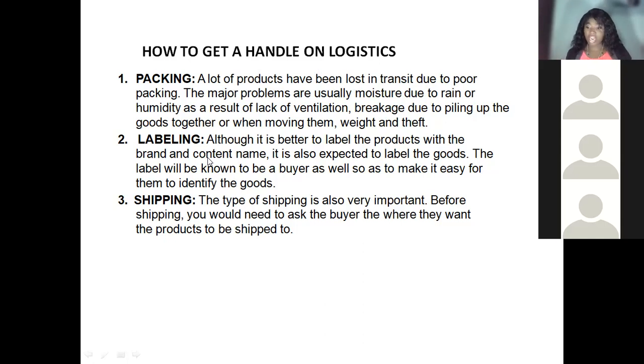And there are other details, the name of the product, the quantity, and all of that. And you will ensure that you create what we call a packing list, okay?